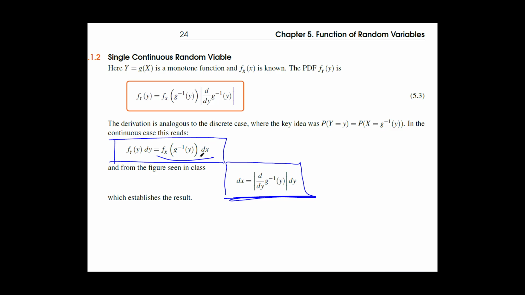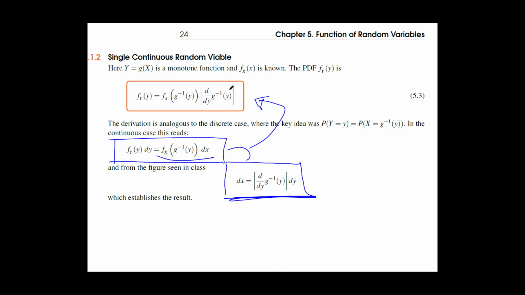So we put these two together and we obtain the recipe, which is pretty similar to the discrete one. So it says the PDF of y is the PDF of x evaluated at the inverse. So that's exactly the one for the discrete. But this time we need to multiply by the absolute value of that derivative.